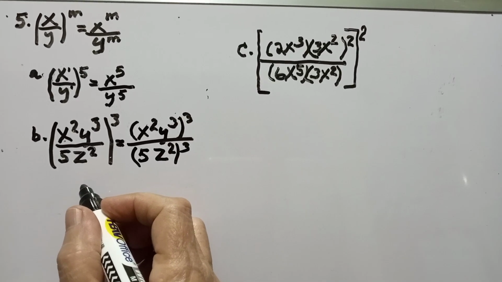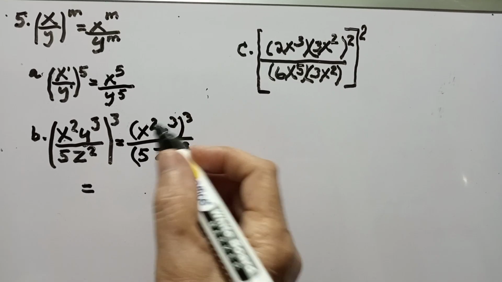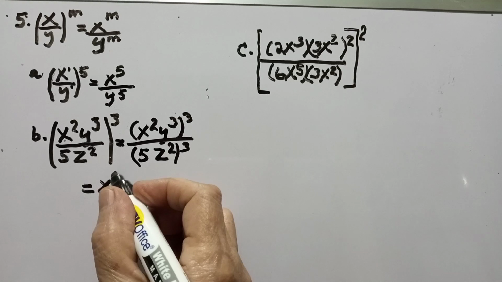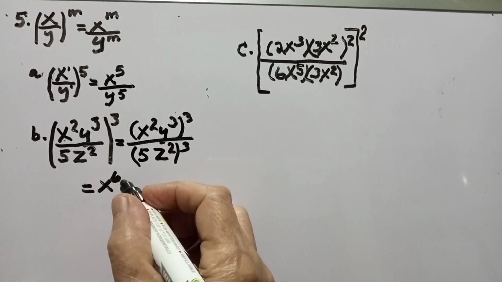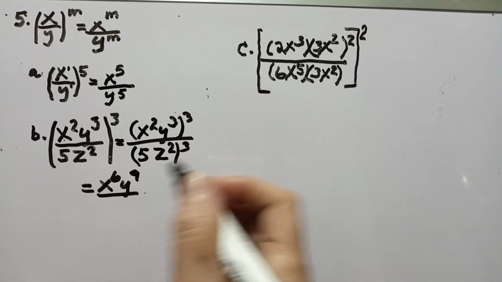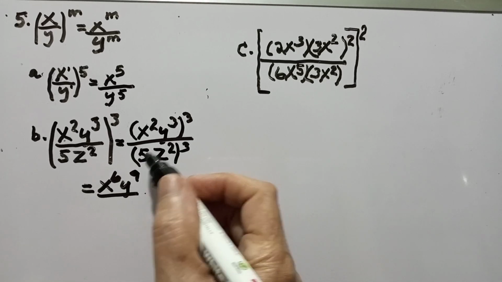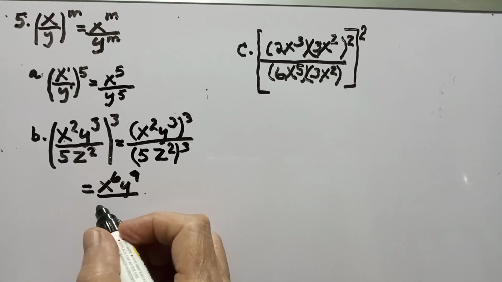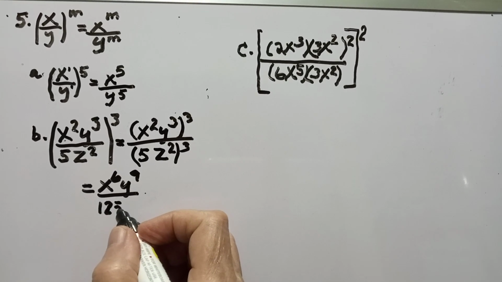That would now be x to the 2 times 3 is 6, and then y to the 3 times 3 equals 9, over 5 cubed is 5 times 5 equals 25 times 5 equals 125.